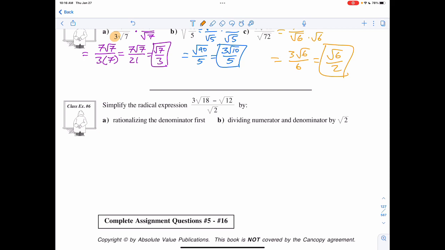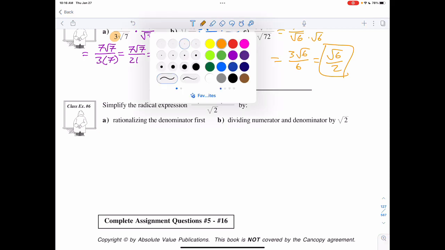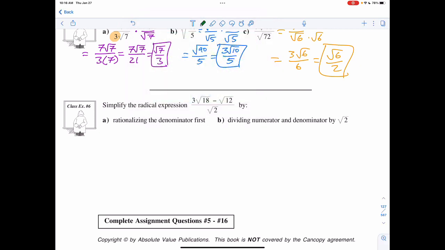For the last example, where I have the binomial here, it wants us to do it by rationalizing the denominator first, or in the second case, dividing numerator and denominator by root 2.